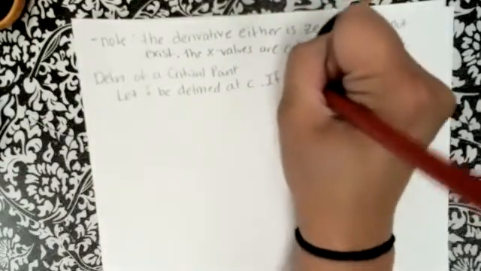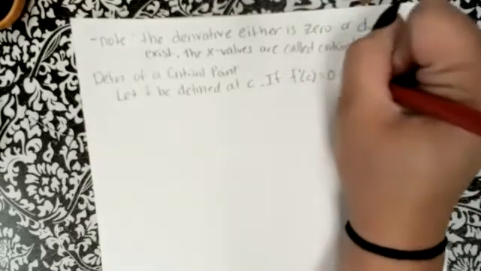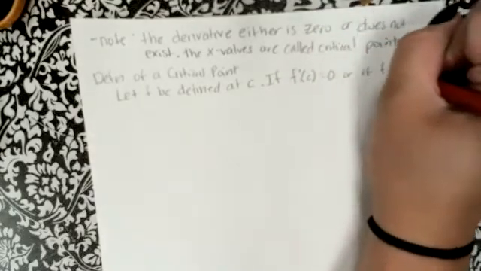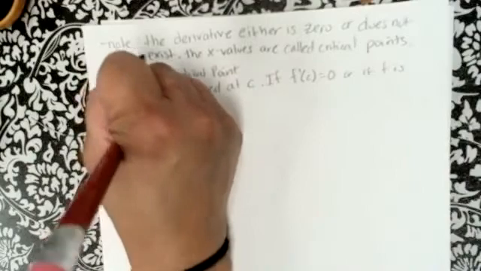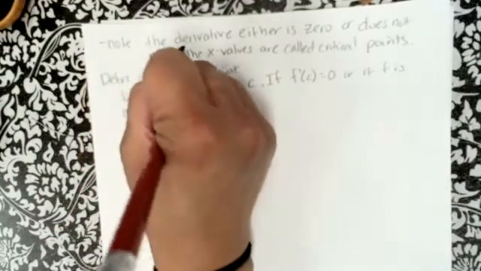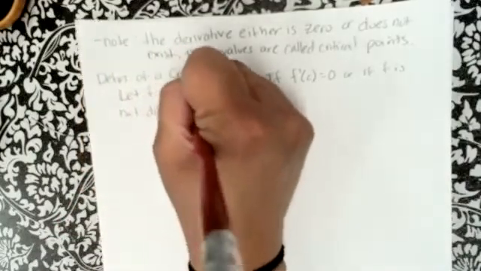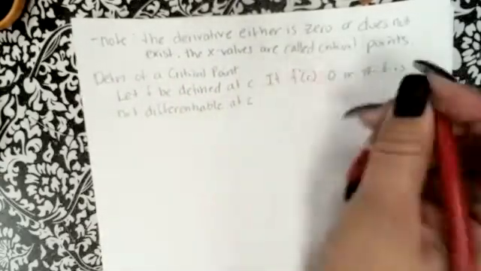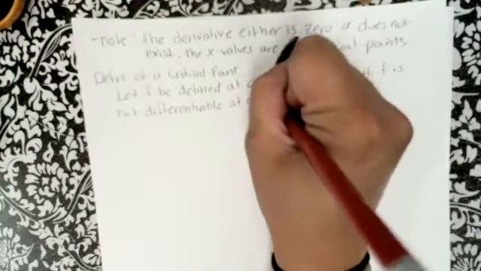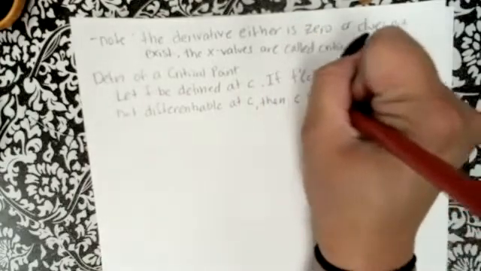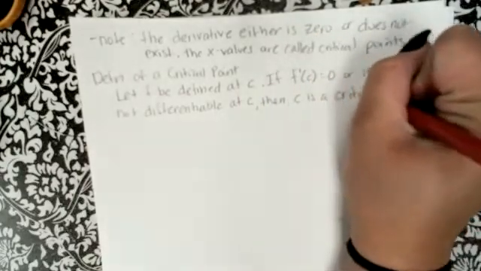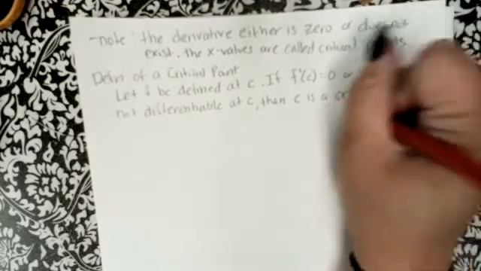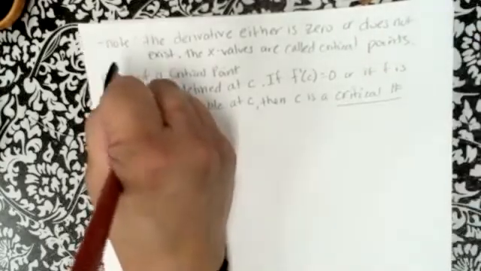If the derivative at c equals 0, or if f is not differentiable, meaning you can't take the derivative at c, then c is a critical number of f.